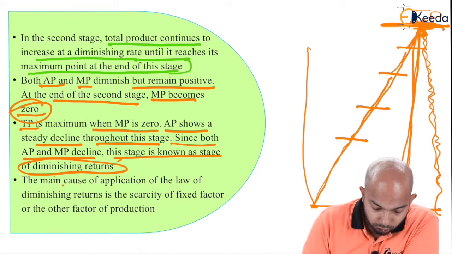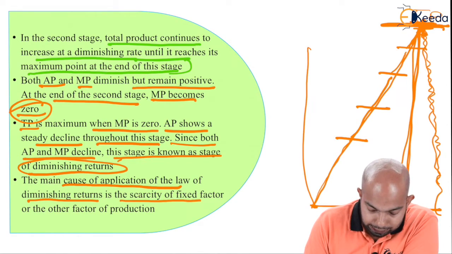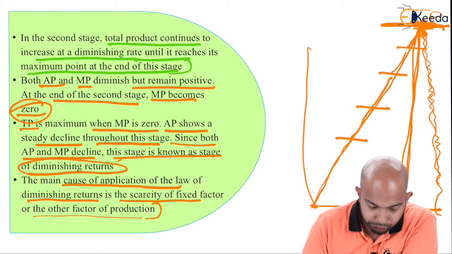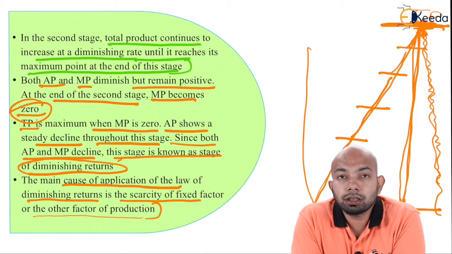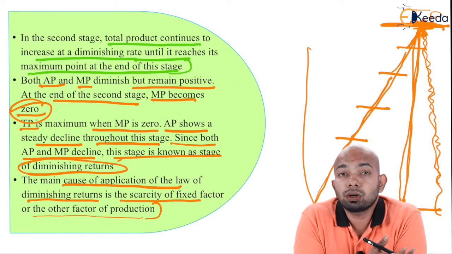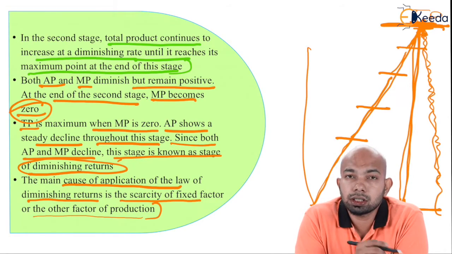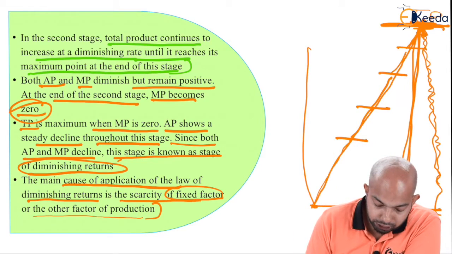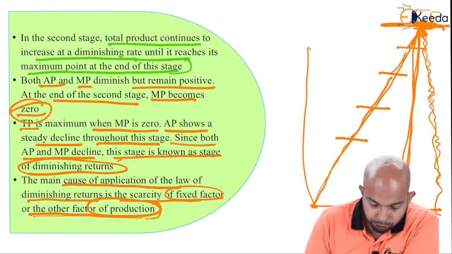The main cause of application of the law of diminishing return is the scarcity of fixed factors or the other factors of production. Why diminishing returns? What is the cause of this? It is because of the scarcity of the fixed factors and the other factors of production.